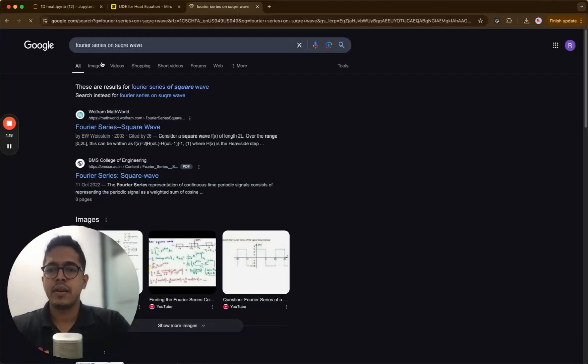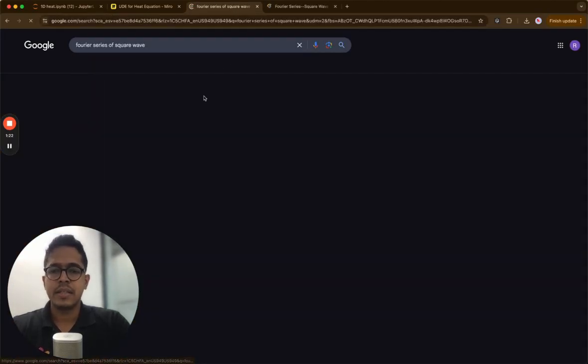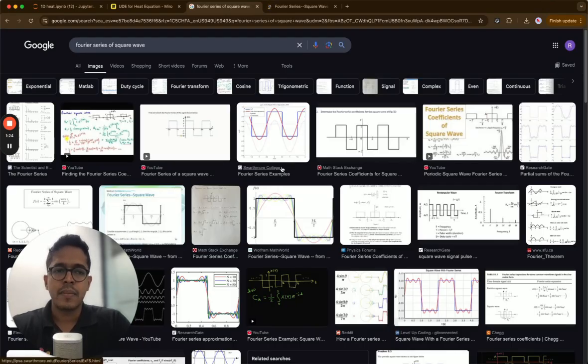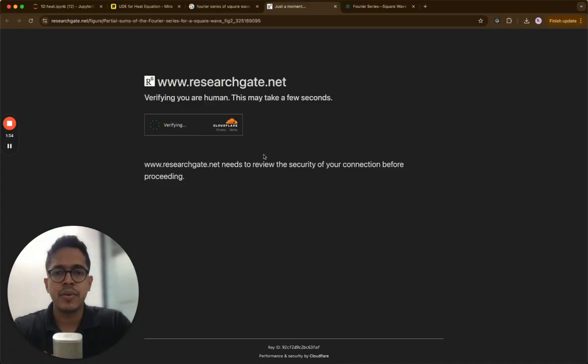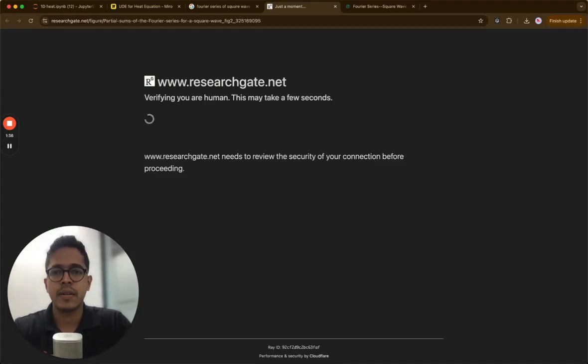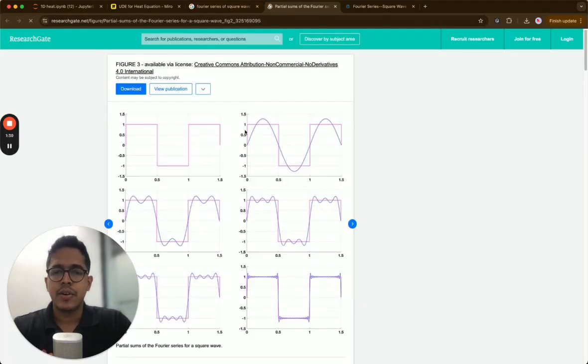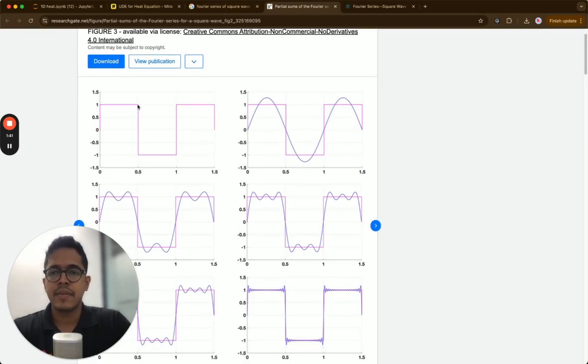So for example, let's look at some images over here. You can construct a square wave effectively by combining these sinusoidal waves of different frequencies together. So here in this picture, if you zoom in a little bit, let me just open this. You can see that this is a square wave. Here, this is how a sinusoidal wave looks when you put it on top of the square wave.